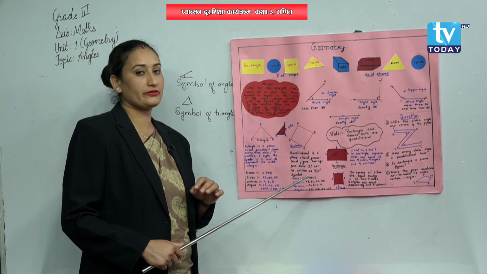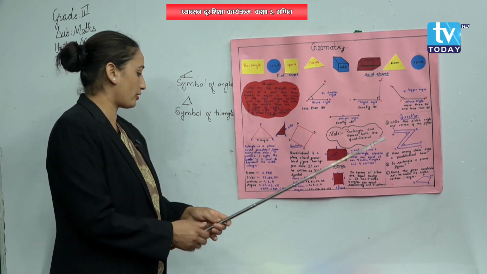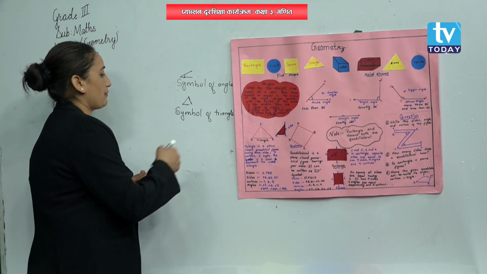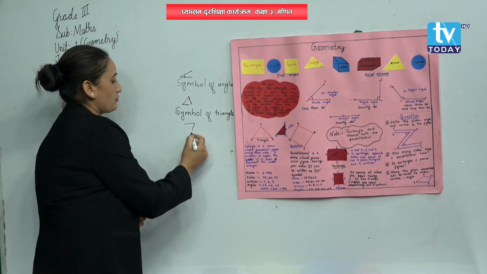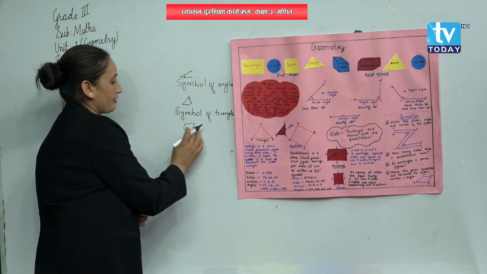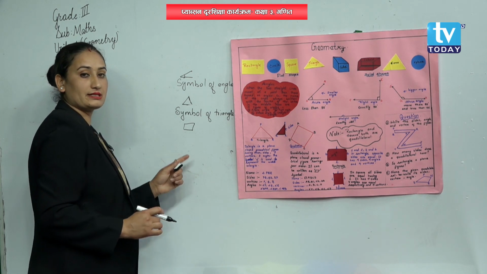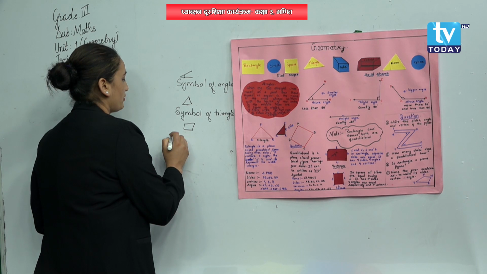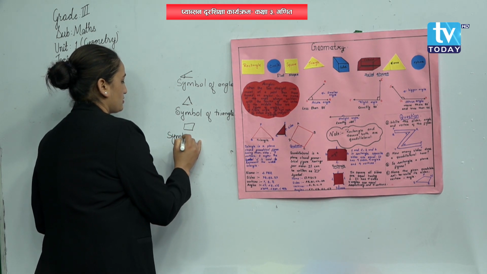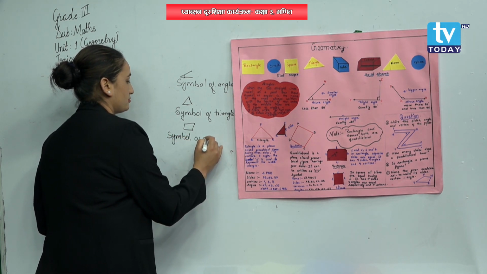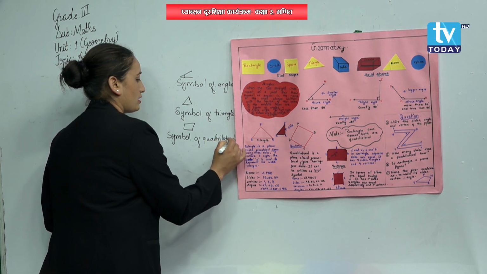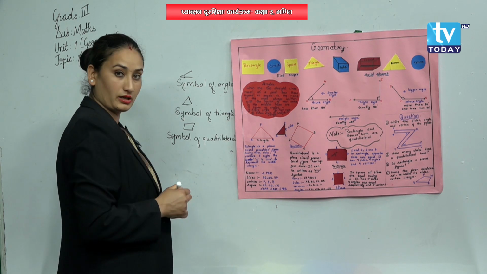The symbol for the quadrilateral, I have told you, not so many symbols will come over there, so this is the symbol. You can slightly bend it and make a rectangle in shape. So this is known as the symbol of a quadrilateral. You can write it down. Done?